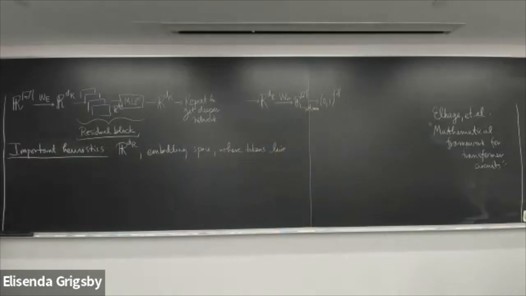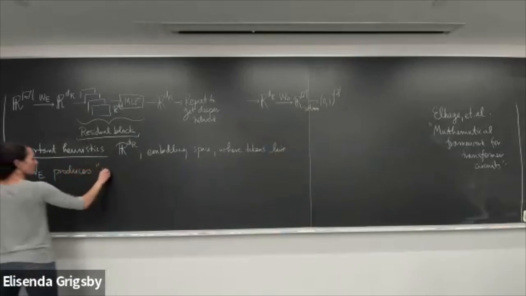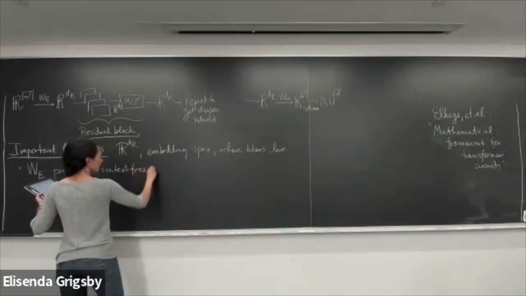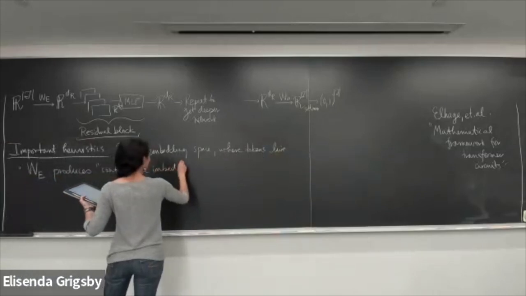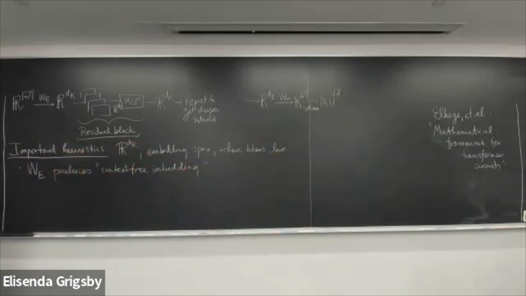You should think of this first embedding, which again is just a linear map, as producing what you might call a context-free embedding of the tokens.